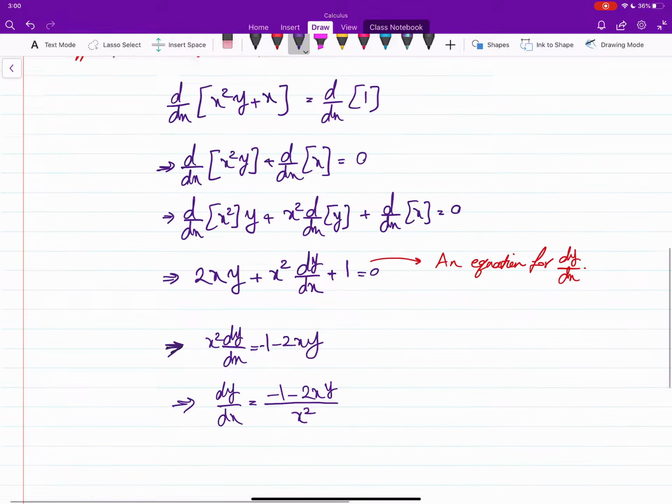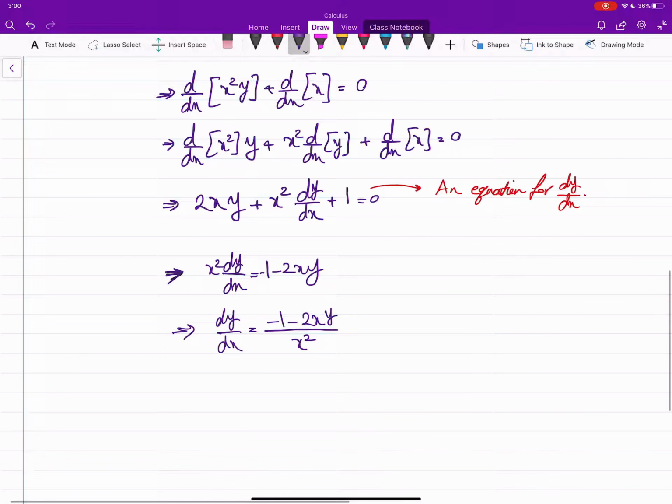Well, you may say, okay, what kind of derivative is this? Remark 1 is that when you start with an implicitly defined function, the derivative will have not only x, but also y.